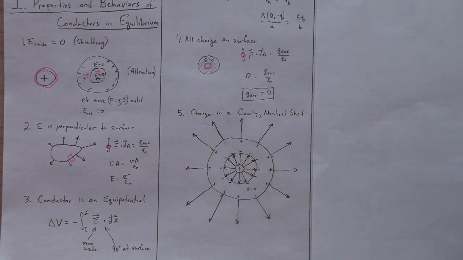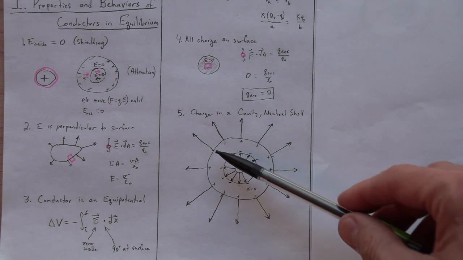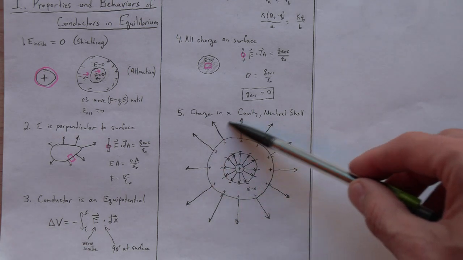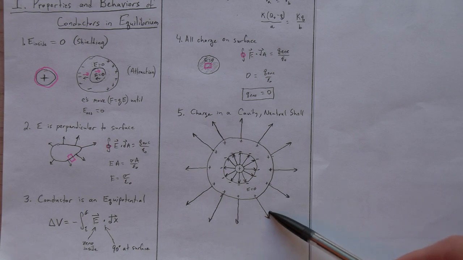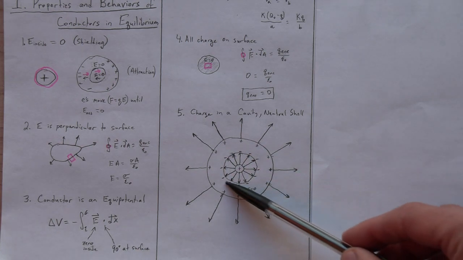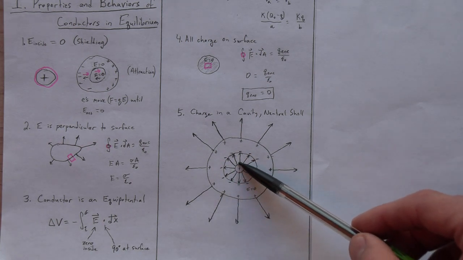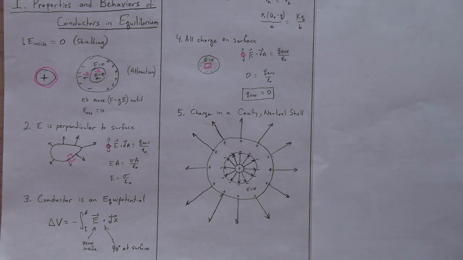So putting a metal shell around a charge does not eliminate the electric field outside. In fact, if you were a little proton or electron moving around here, you wouldn't even know there's a shell over here. The electric field would be the same as if that charge were all by itself without a shell.